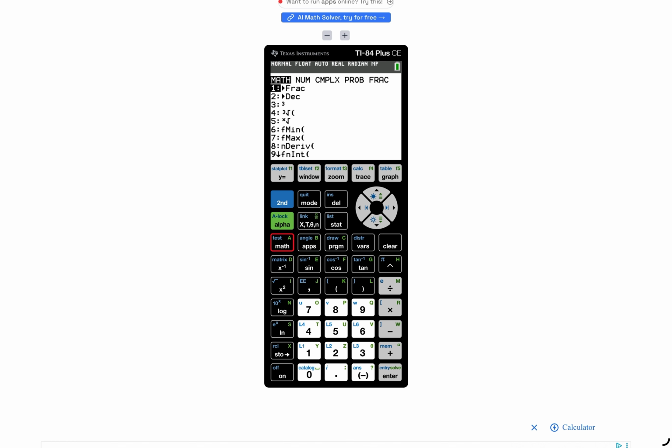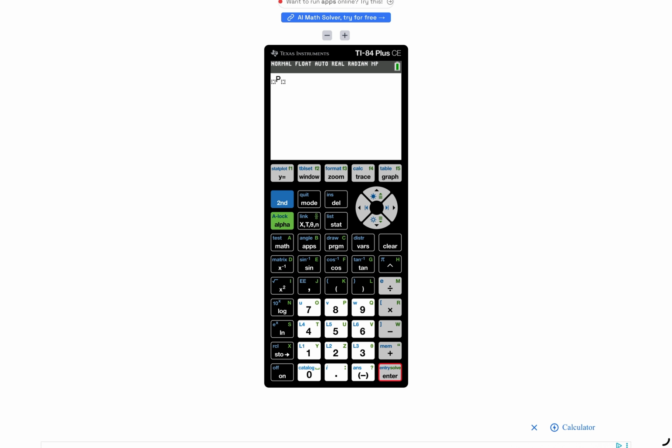If you look at the top banner, there's math, num, complex, probability, and fraction. So I'm just going to scroll over to probability. And when we see probability there, the numbered option at number 2 is nPr. So I'm just going to scroll down, highlight number 2, and hit enter.